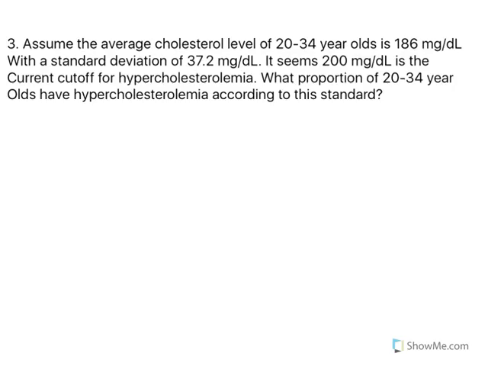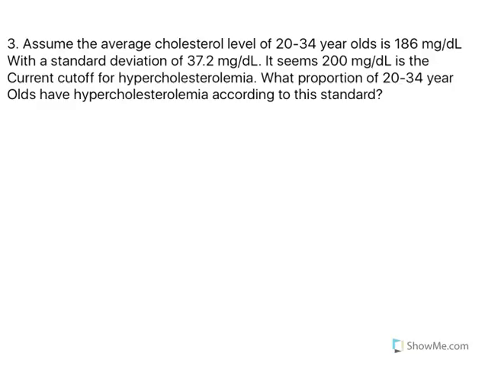Very exciting. Number 3. Assume the average cholesterol level for 20 to 34-year-olds is 186 milligrams per deciliter, whatever that means. We got a standard deviation of 37.2. It seems that 200 milligrams per deciliter is the current cutoff for hypercholesterolemia. I'm going to guess that big long word is high cholesterol.